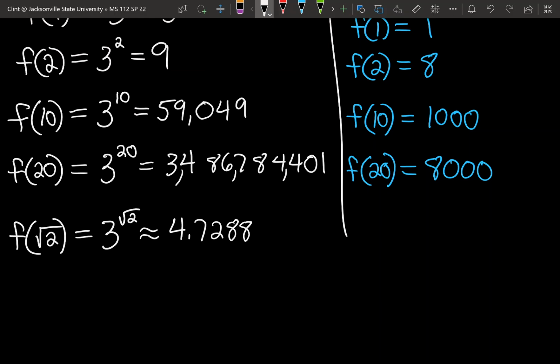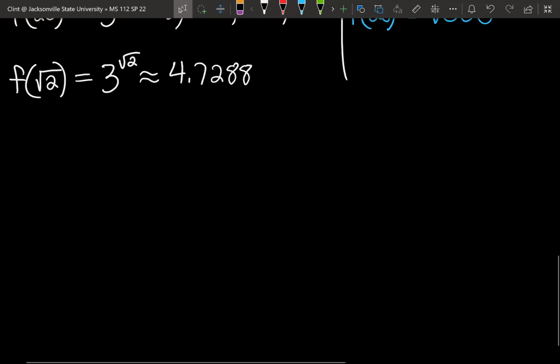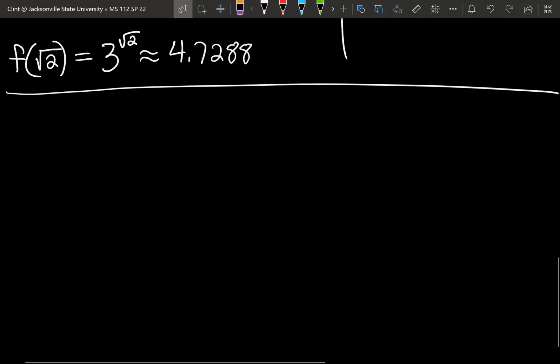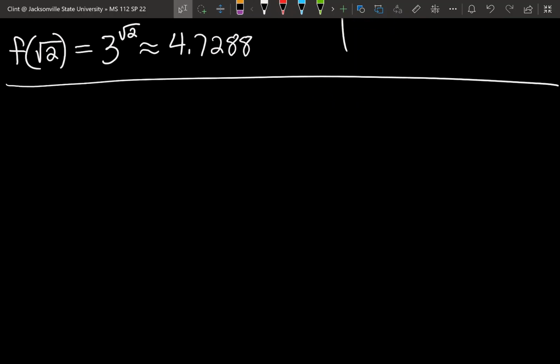All right, so let's talk about what the graphs of these things look like. Okay. So let's go back generic. Just talk about b to the x.